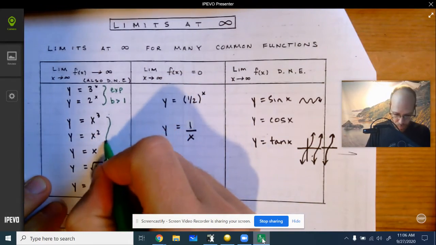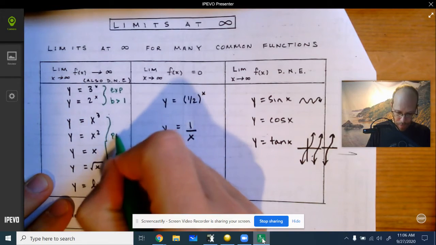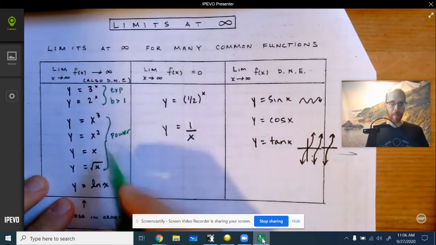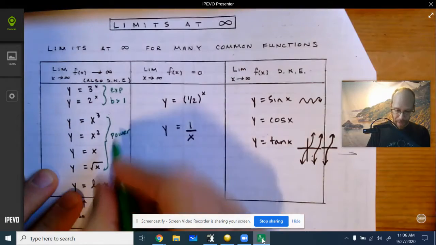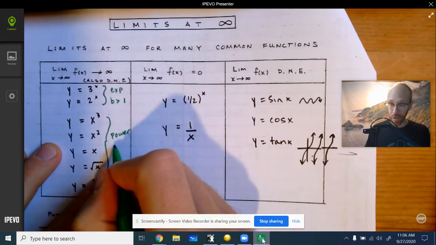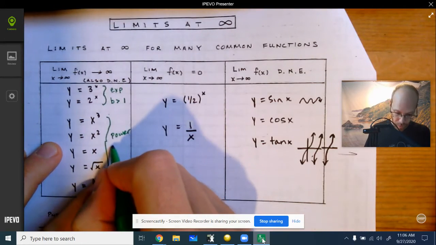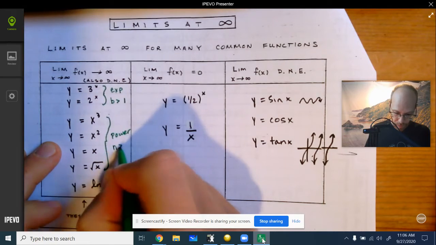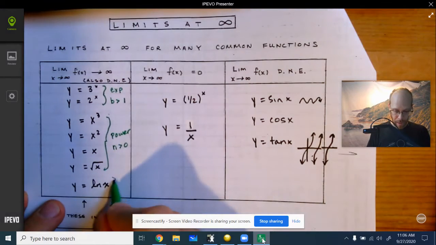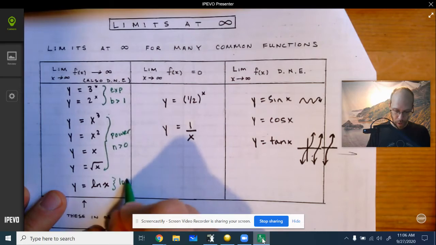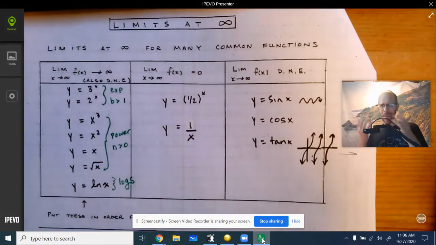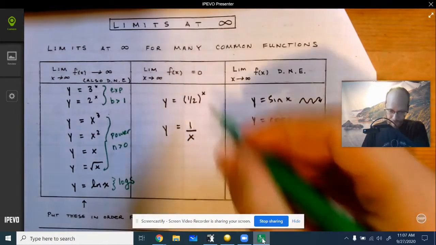The second group right here, I would call these power functions, because they can all be written as x to a power. And the power has to be greater than 0. So we'll say n, the exponent, is larger than 0. And then the slowest will be the logs, which get to infinity, but like the tortoise, they take their time.